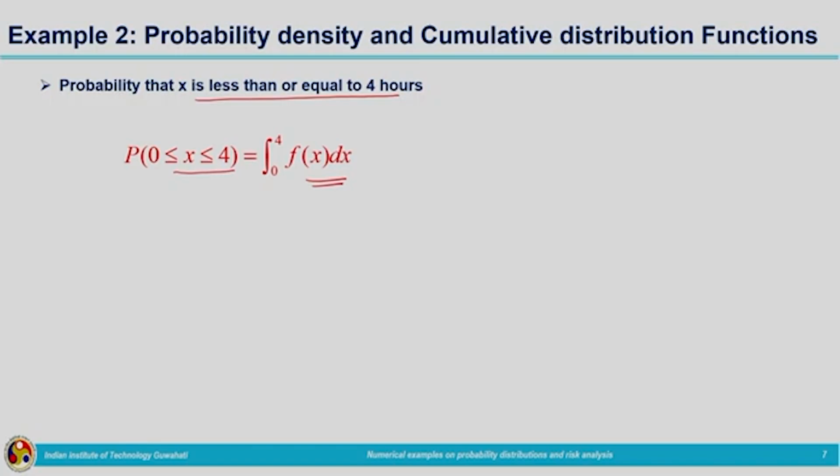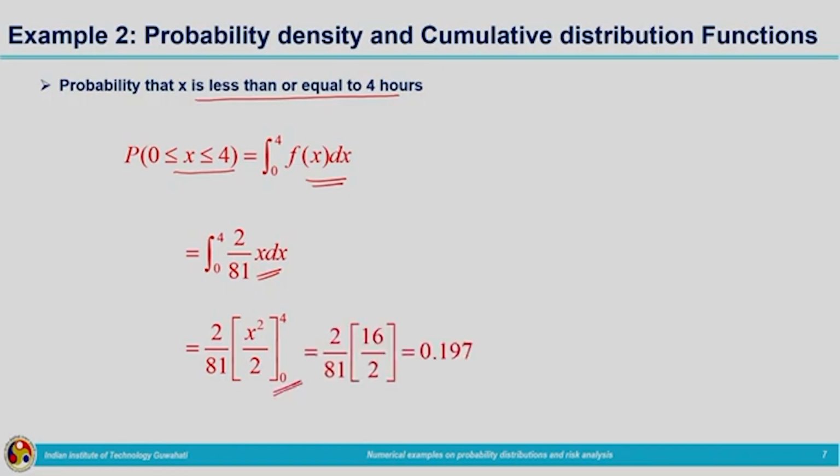So, when we substitute for f of x, that is 2 by 81 x, integrated within the limits 0 and 4, the function is 2 by 81, which we can keep outside, times x square divided by 2, from 0 to 4. This will give us a value of 0.197.